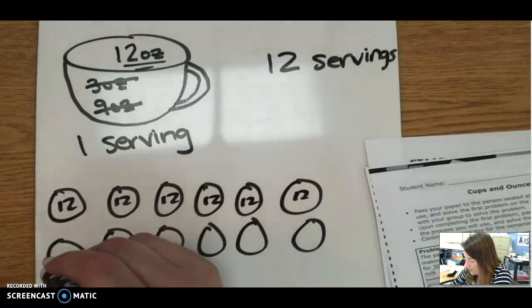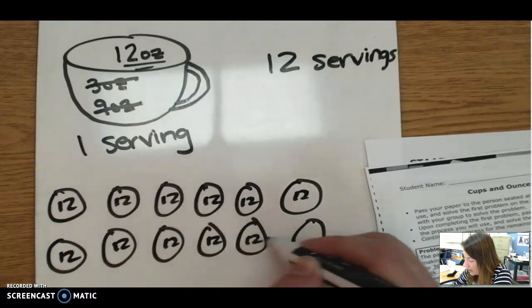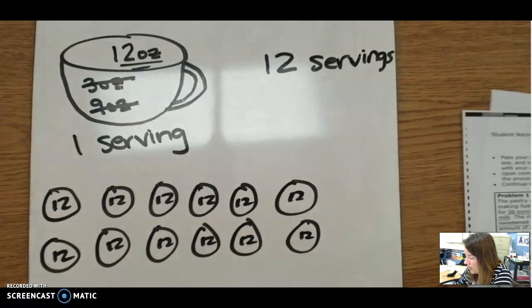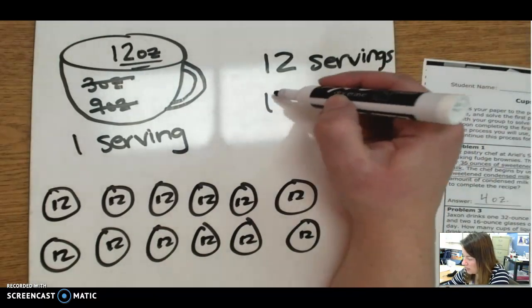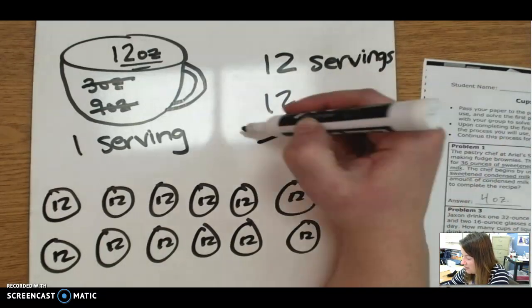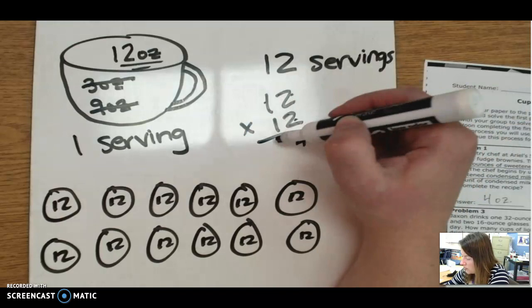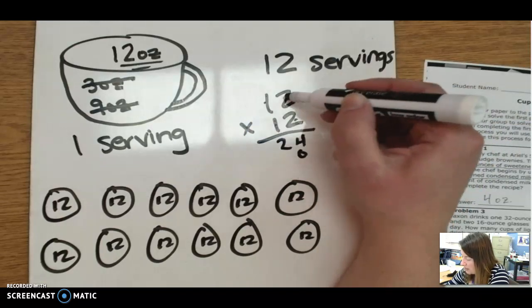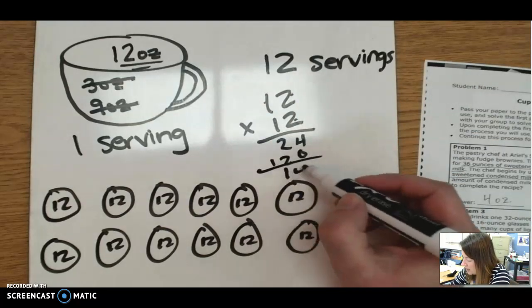So this is 12 groups of 12. That's how I know this is a multiplication problem right now. So what is 12 groups of 12? 12 times 12. If you don't have your 12s memorized, we can sit here and actually solve it. 12 times 12, 2 times 2 is 4, 2 times 1 is 2, 2 times 1 is 2, 1 times 1 is 1, right? It's 144.